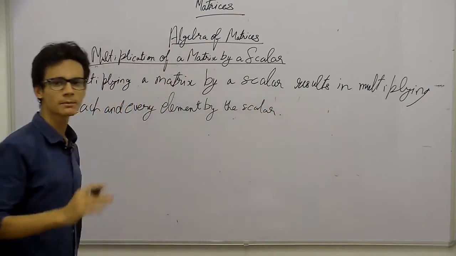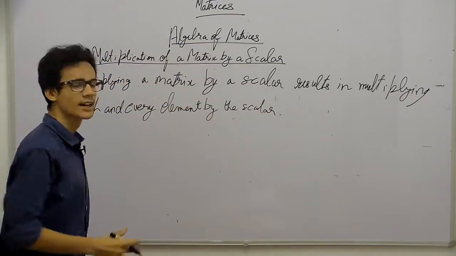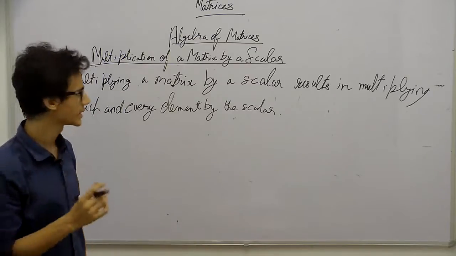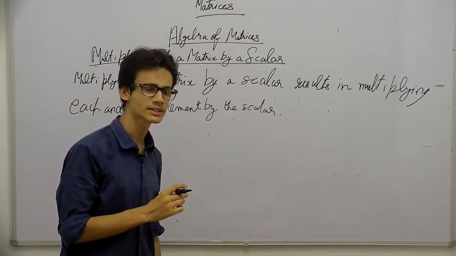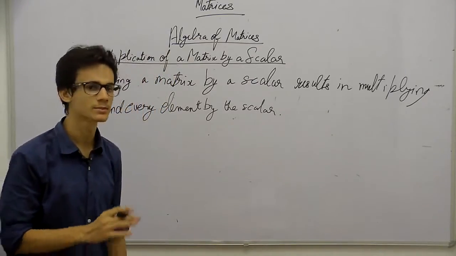So multiplying a matrix by a scalar is the same as multiplying each and every element of the matrix by the same scalar.